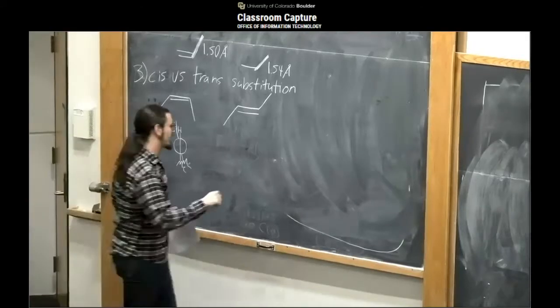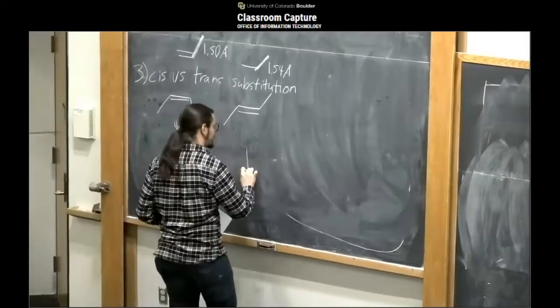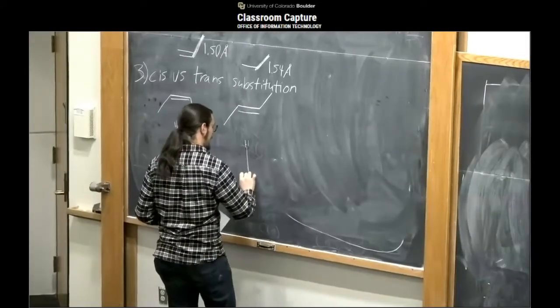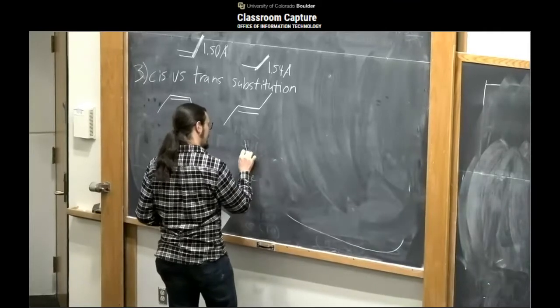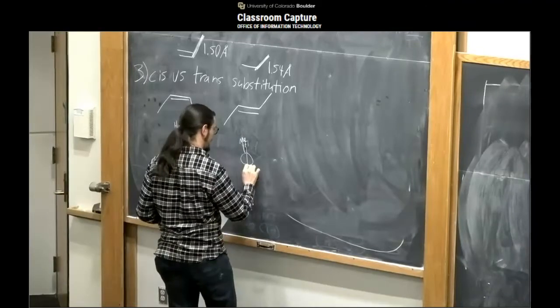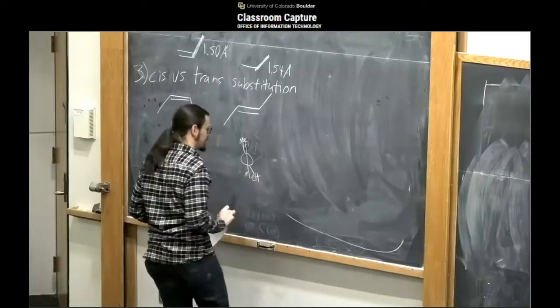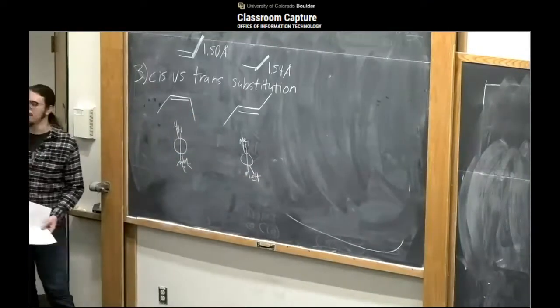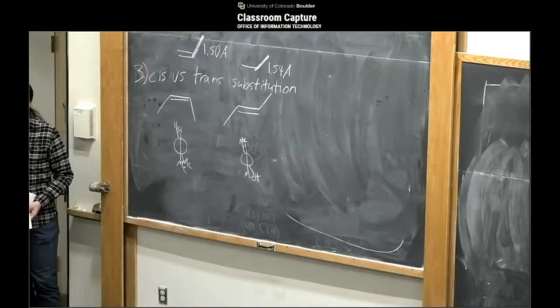With the trans alkene, you still have an eclipsing interaction, but because the methyl groups are on opposite sides of the double bond, the energetic penalty for that eclipsing interaction is lower.